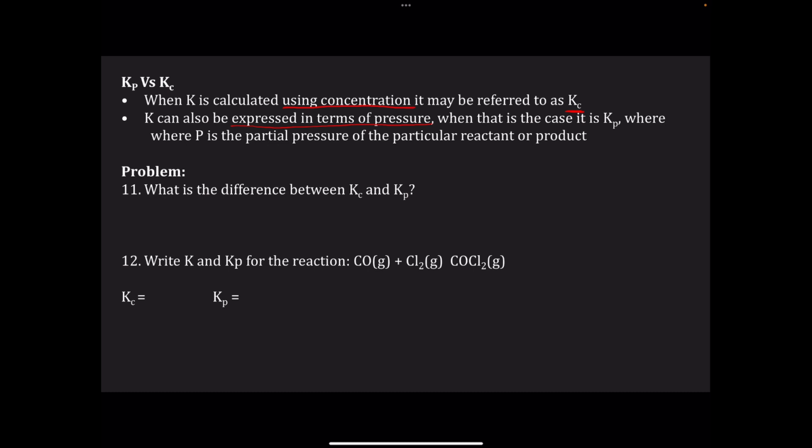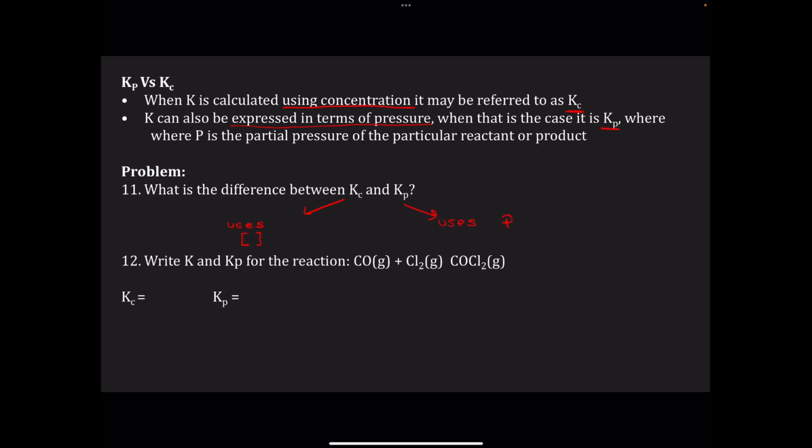And when we do that, we're going to call that a Kp, where Kp is going to use partial pressures of a particular reactant or product. So the difference here between a Kc and a Kp is that Kc is going to use concentrations, while Kp uses pressure.